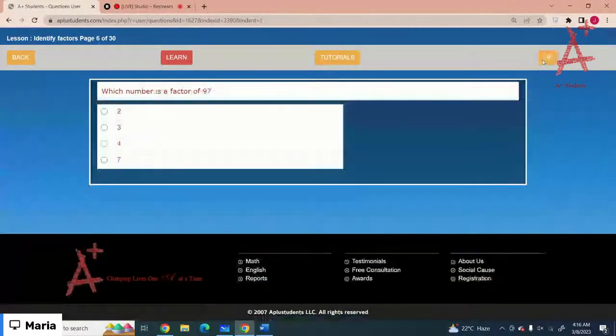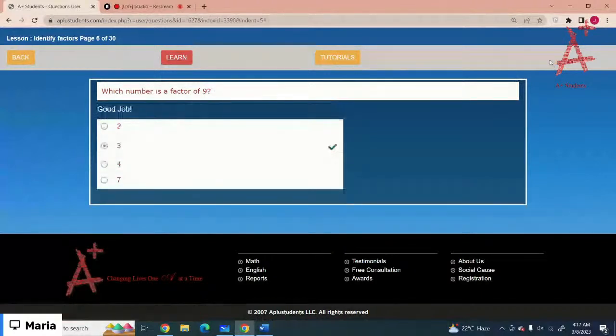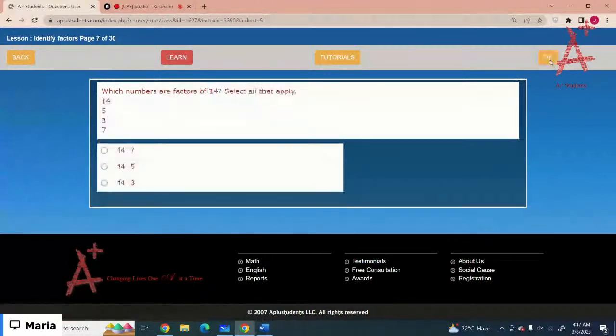Got it? Okay, what number is a factor of 9? The factor of 9 is 3. Very good. 3 times 3 is 9. So 3 is the factor of 9. Which numbers are factors of 14?